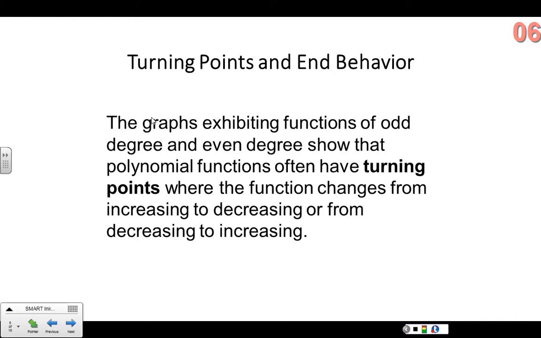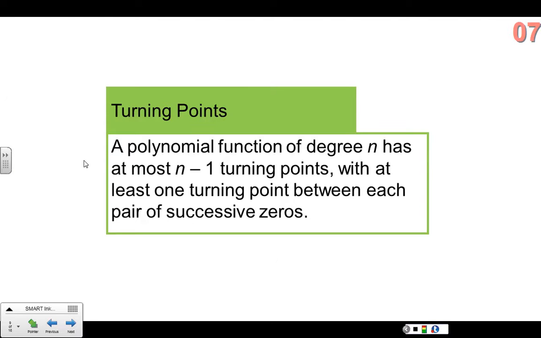Turning points and end behavior. The graphs exhibiting functions of odd degree and even degree show that polynomial functions often have turning points where the function changes from increasing to decreasing or from decreasing to increasing. A polynomial function of degree n has at most n minus 1 turning points, with at least one turning point between each pair of successive zeros.